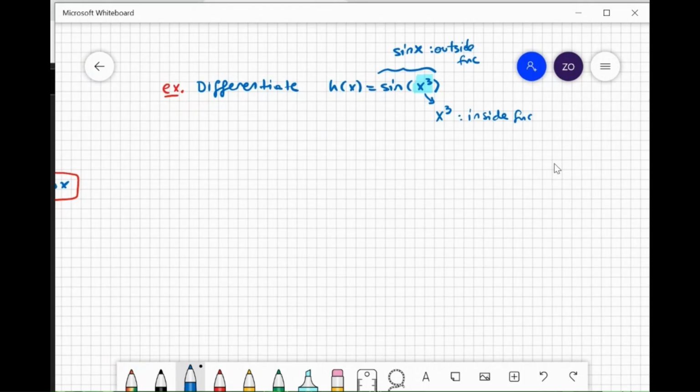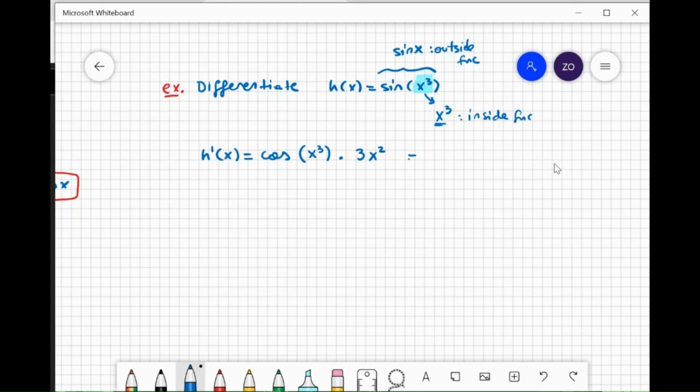What is the derivative of sine? That is cosine of, we plug in the inside function, right? So we have sine of x cubed, and when we want to find its derivative, we will just find cosine and evaluate that at x cubed, times the derivative of the inside function, which is 3x squared, the derivative of x cubed, which is 3x squared.